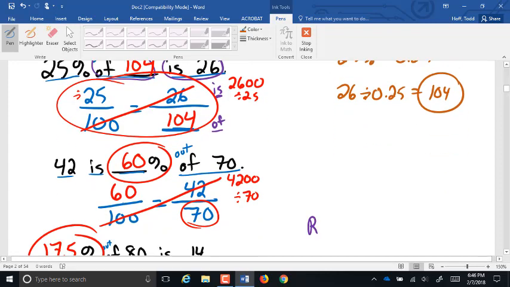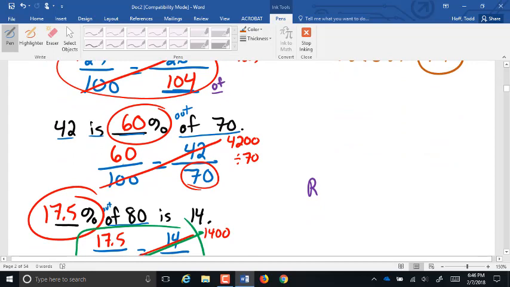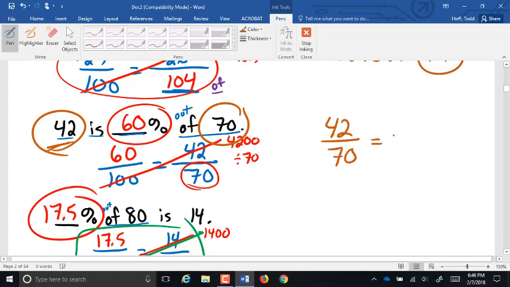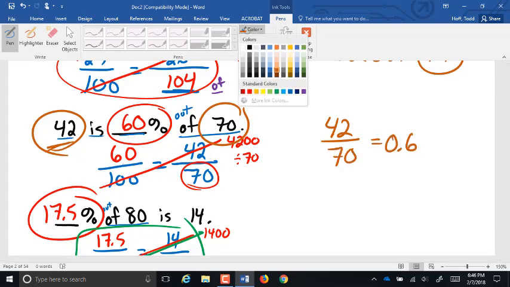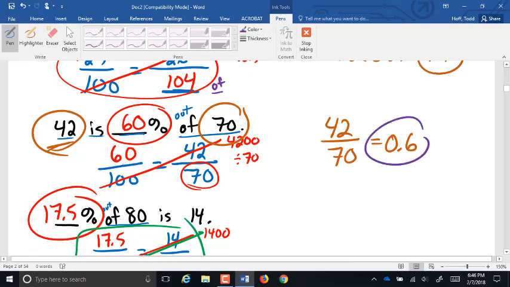In fact, there's even a third type you run into here with this one where we're missing the percent. We don't have the percent here, so what we end up doing is taking that portion, the 42, and dividing by that base amount, the 70, gives us 0.6. That is a rate that we convert into a percent of 60%.